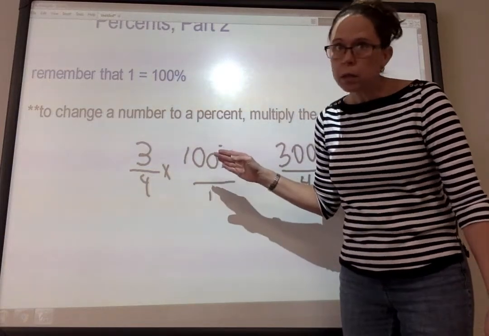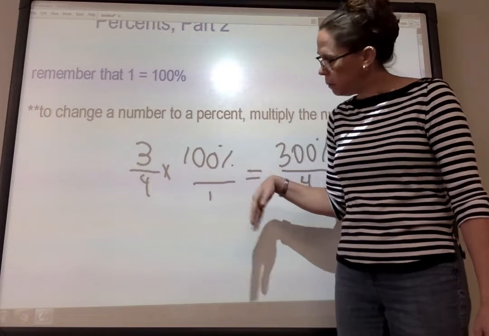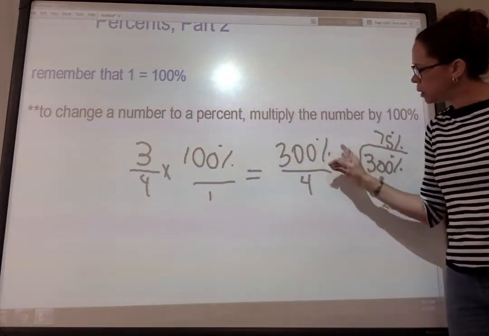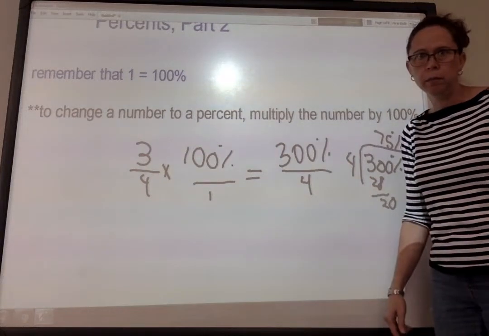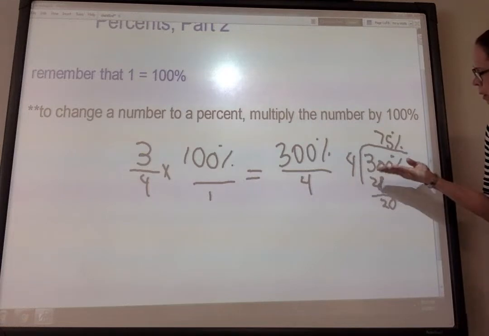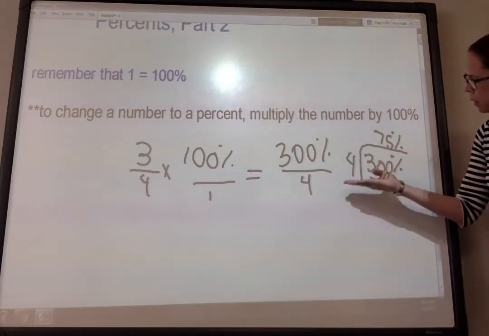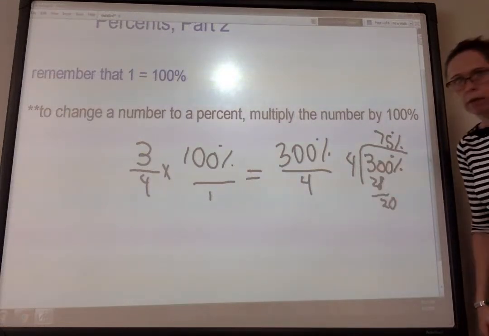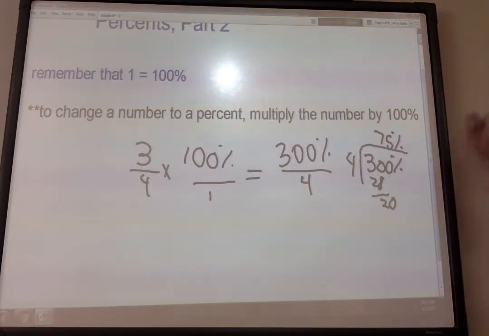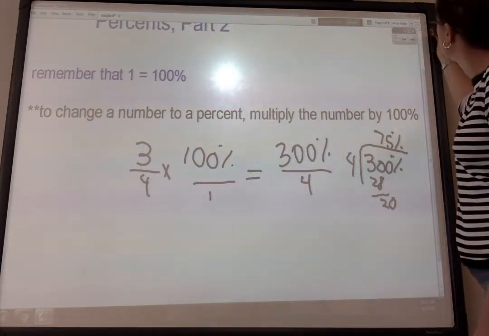Remember, 100% is the same thing as 1. So 3/4 times 100%/1 gives me 300%/4. So now I have 300% divided by 4. Guess what? 300% divided by 4 is 75%. We already knew that though, right?